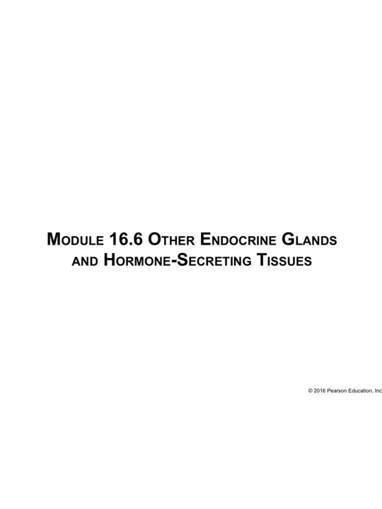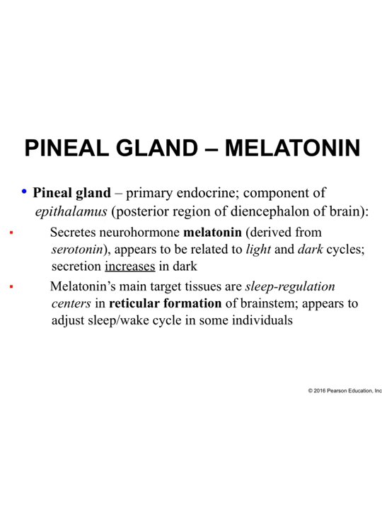Now we're going to talk about, again, a few of the other endocrine glands and then some tissues that are actually found in other organs that release hormones. So pineal gland is a primary endocrine gland. It's a component of the epithalamus that sits just behind the thalamus and above the corpora quadrigemina of the brain.